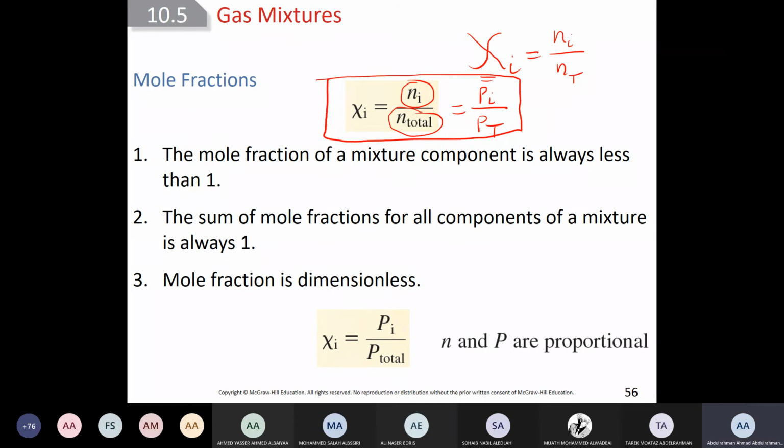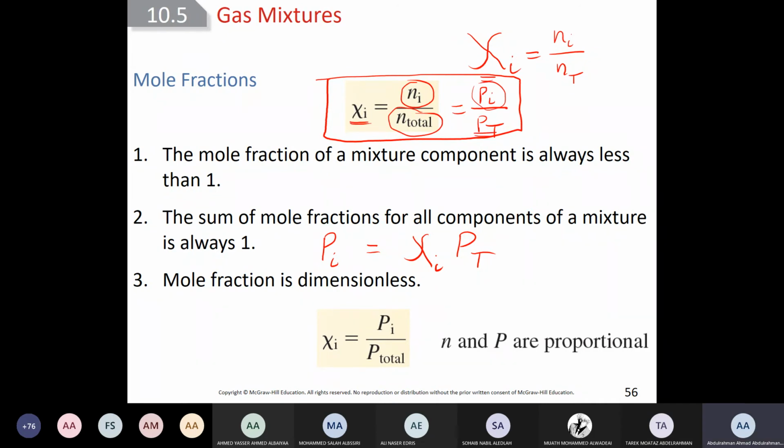Very good. Now, if I know the P total, what's the relation between Pi and P total? Pi equals mole fraction times P total.